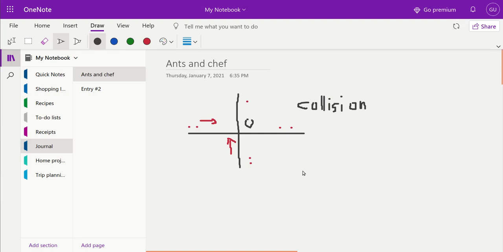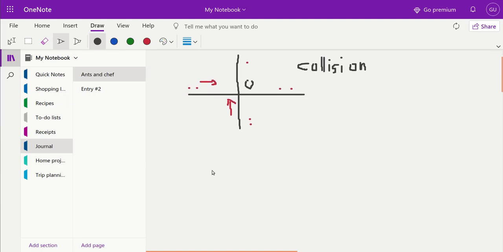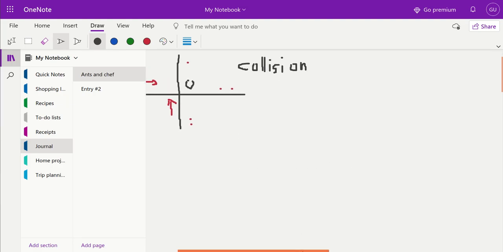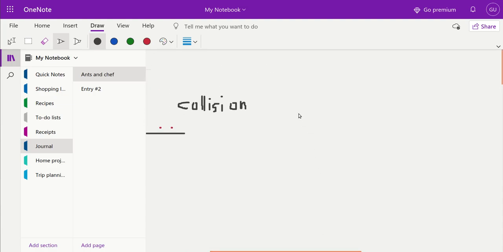Okay, so let's pick a simple scenario. Let's say we have one single line, and we have this ant which is moving. This ant moves towards the left, and this one moves towards the right, and they collide somewhere here.